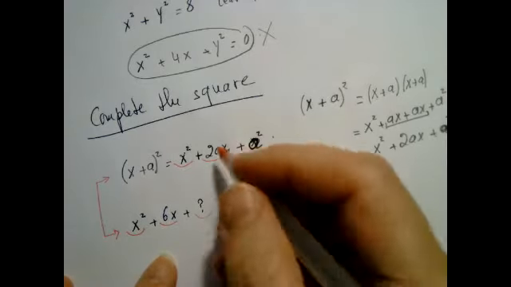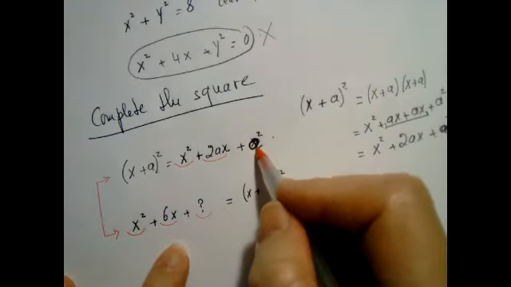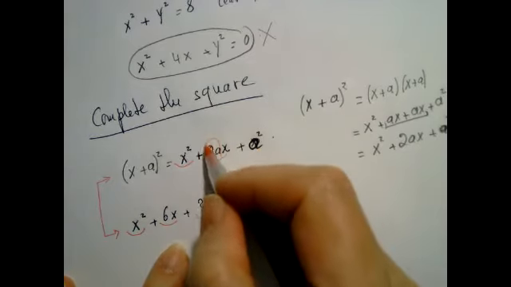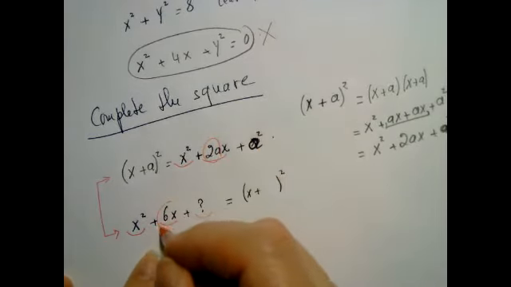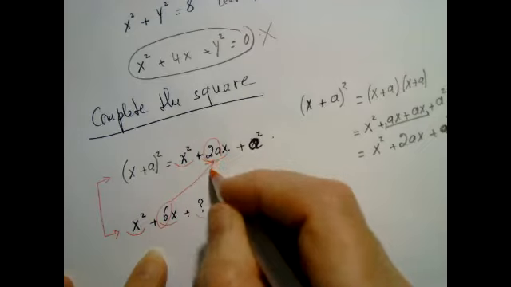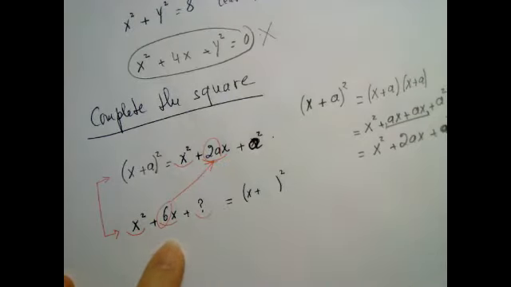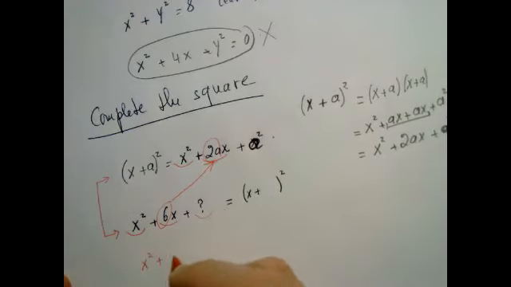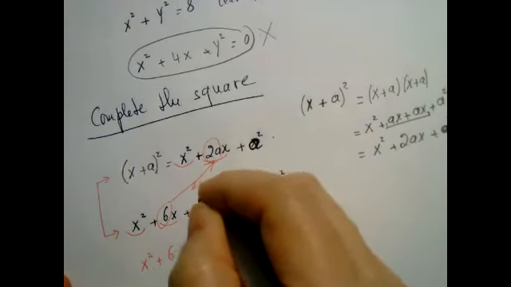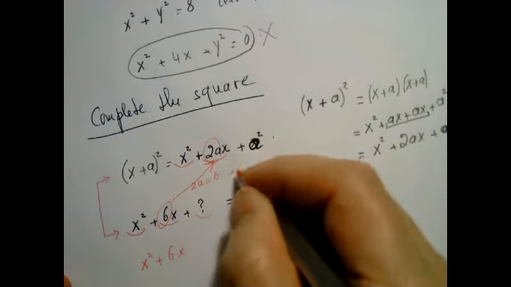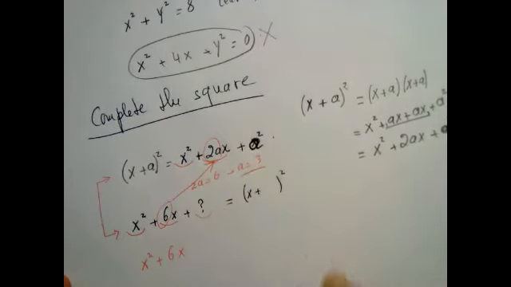Where do I get the 3 from? This is a, and this is twice a. So the 6 here should be the 2a. So 2a is 6, so the a here should be equal to 3.